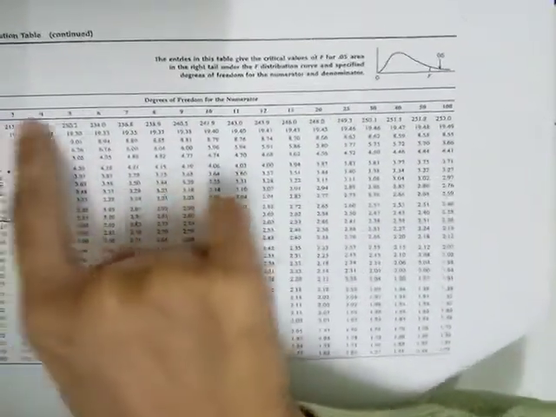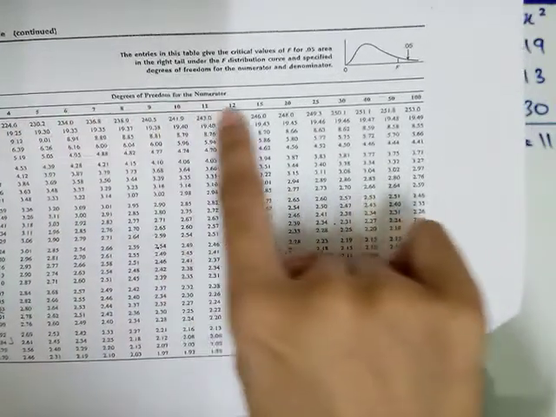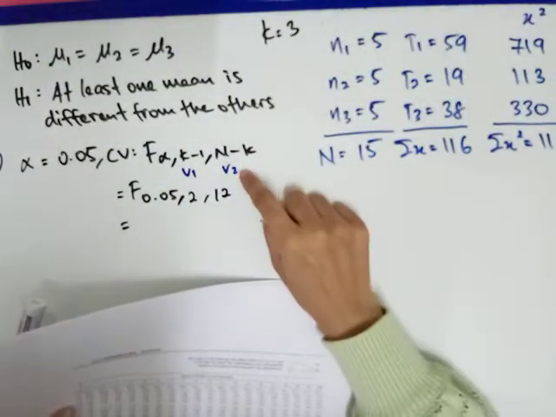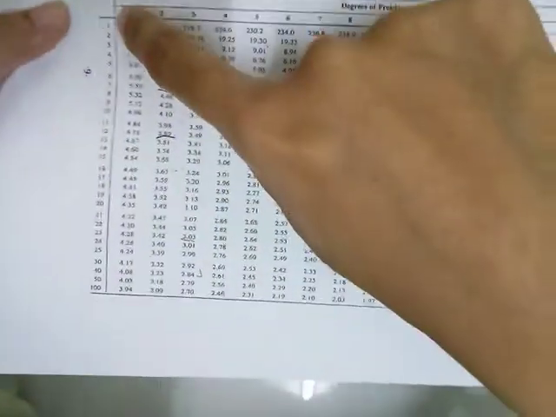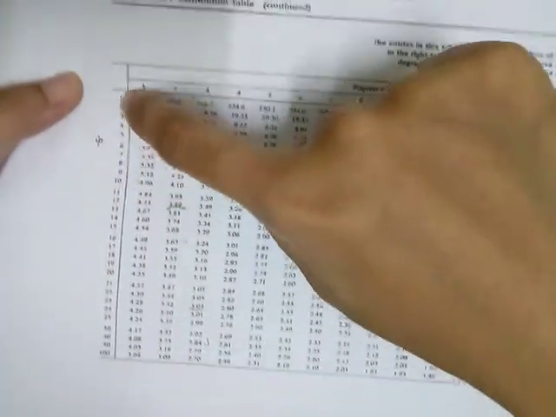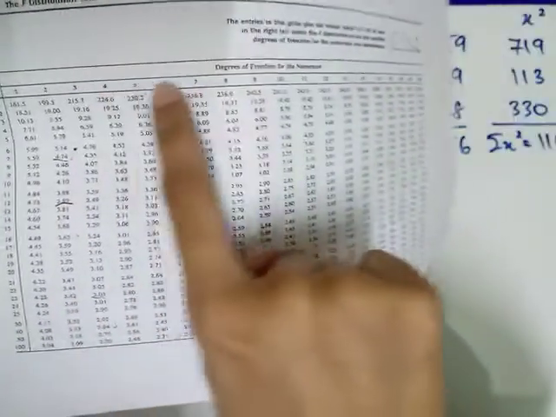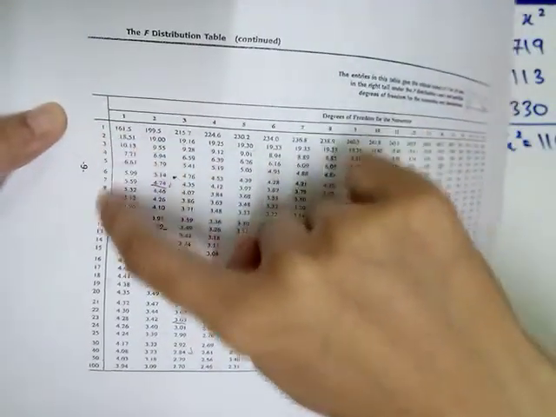So the top column is V1. And then for V2, the degree of freedom for the denominator, which is the left column. So V1, the top column, V2, the left column.